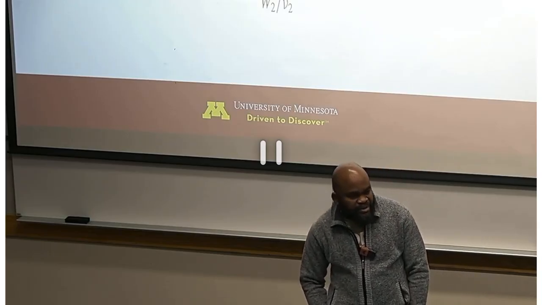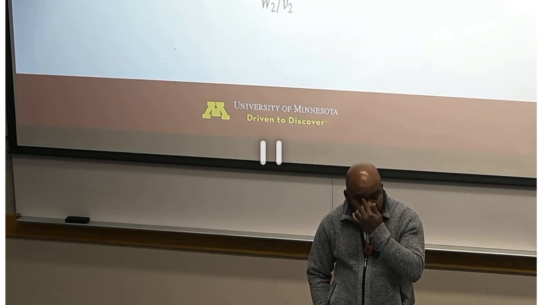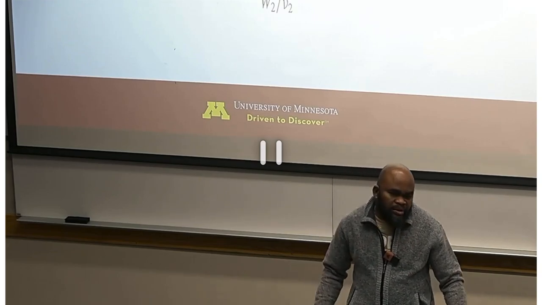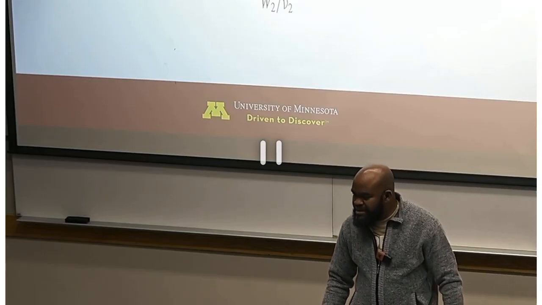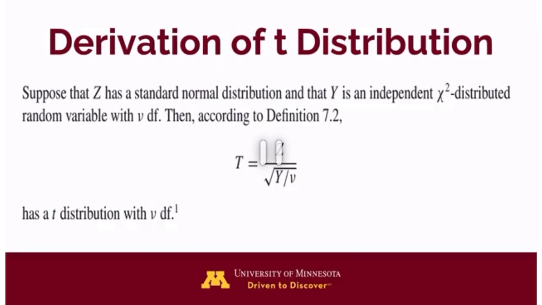For instance, if I want to compare means in more than two groups, more than two populations, I'm going to conduct F tests. To figure out the p-value in the analysis of variance tests, I need F distribution. So I'm going to walk you through today how we derive F distribution and how we derive a T distribution. Okay, so let's get started.